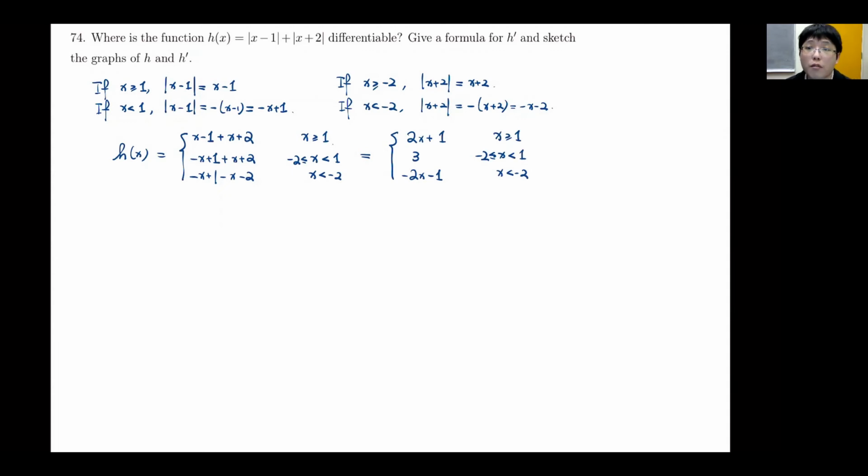And now how do we find the formula for h prime? Well, the idea is basically the same as before. And let me just go over this problem using the second approach, and I will just skip the first approach. So if x is strictly greater than 1, this means x is a generic number.